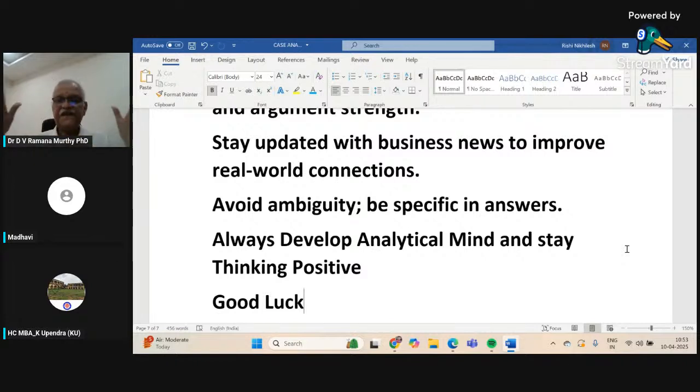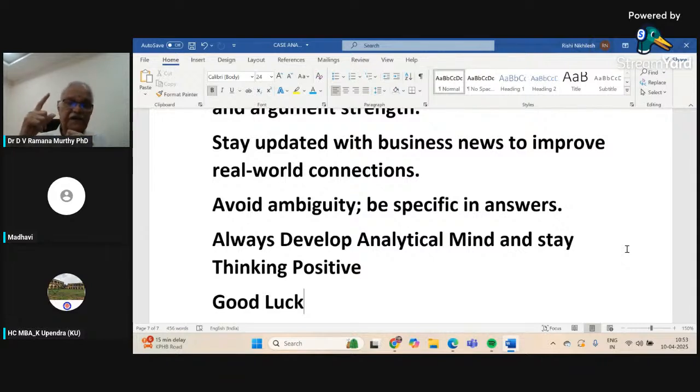Then, when presenting your answers, avoid ambiguity. No sweeping statements. Give a crystal clear answer to a question. There may be qualitative analysis also, but as far as possible, avoid ambiguity and be specific and clear in your answers.